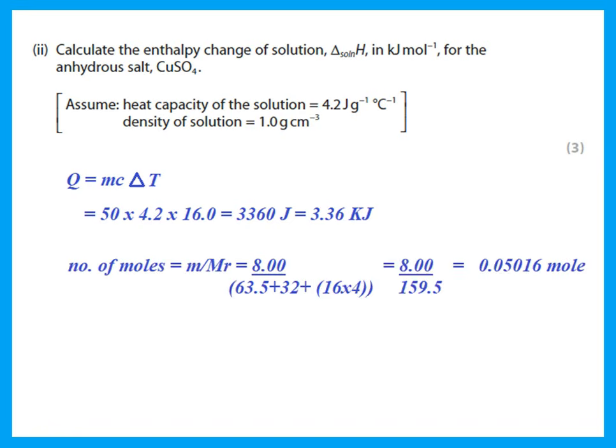And then I need to get delta H. You should know delta H is Q over n, so I need to get the number of moles. The number of moles is the mass over the molecular mass, so this gives this number of moles, and that means my delta H is Q over n, and I should have a negative sign because he says the temperature rises.